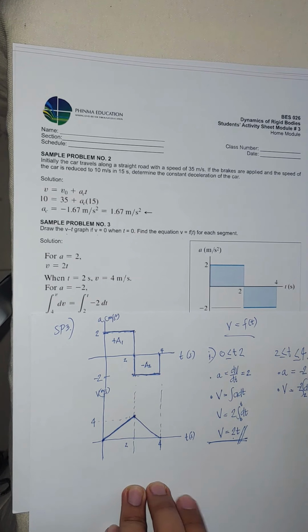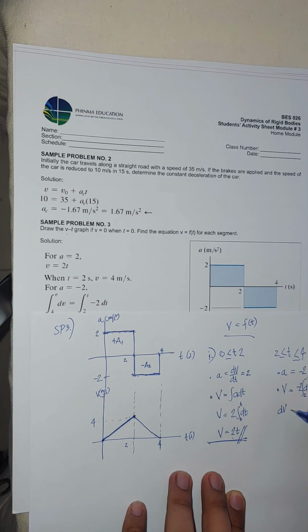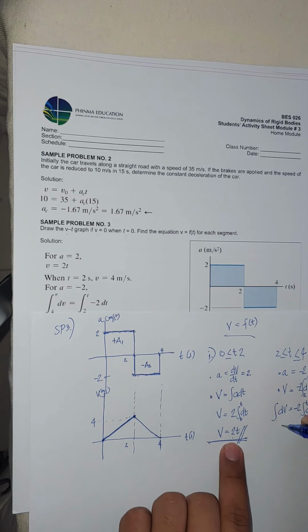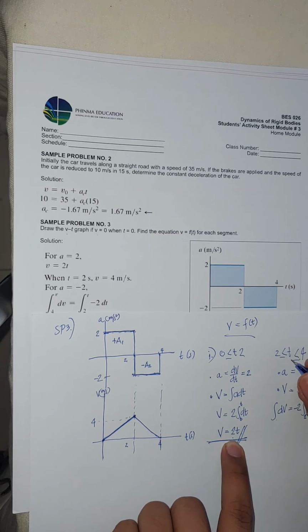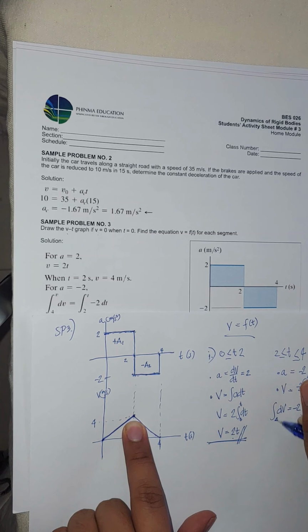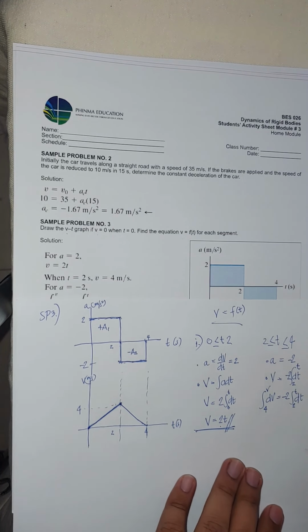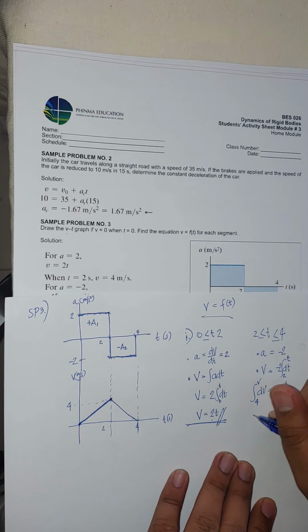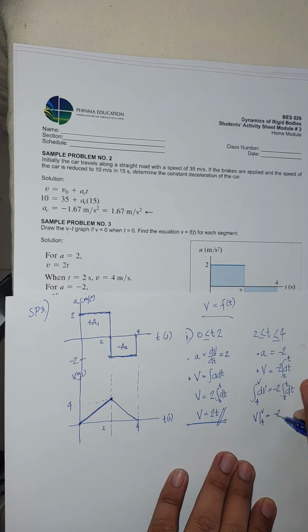So for this one, dv is equal to negative 2 dt from 2 to t. So we integrate this. This is velocity 1, so from this point to this point, our velocity here is 4. So we integrate v from 4 to v, which is equal to negative 2t from 2 to t.